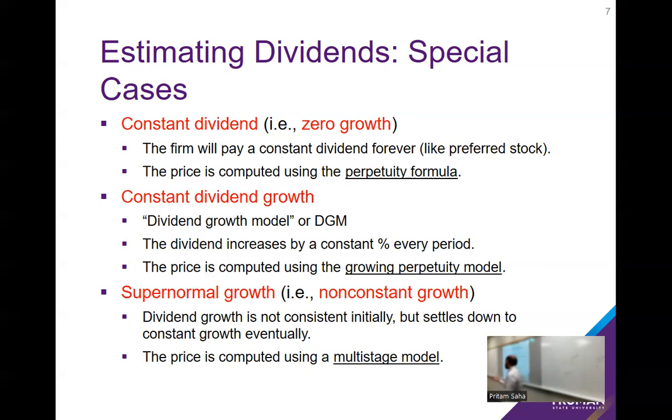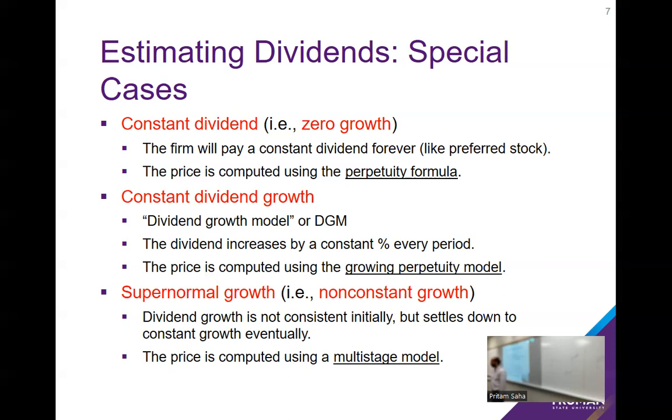It could be 1, 2, 3, 4, 5. After that, they will settle down, because we know a corporation's life is infinite. So in earlier years they may grow at different rates, could be 5, then 6, 8, and after that they will settle down and follow a constant growth.